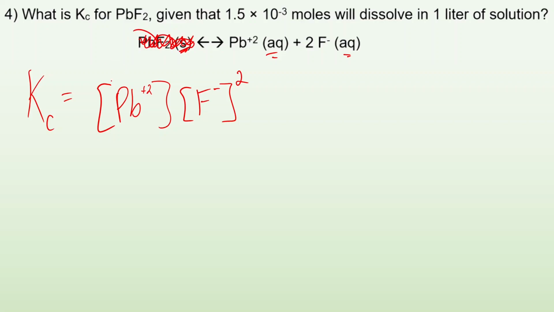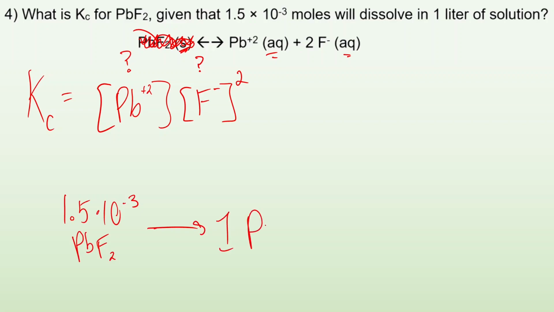So now it wants to know what is the value for this. So I have to figure out, what is the concentration of my Pb plus 2 ion going to be? What is the concentration of my F minus ion going to be? Well, if I'm dissolving 1.5 times 10 to the minus 3 PbF2, for every time I do that, I get 1 Pb plus 2. It's nice, they said in 1 liter solution, so I know this many moles per the 1 liter is the molarity.